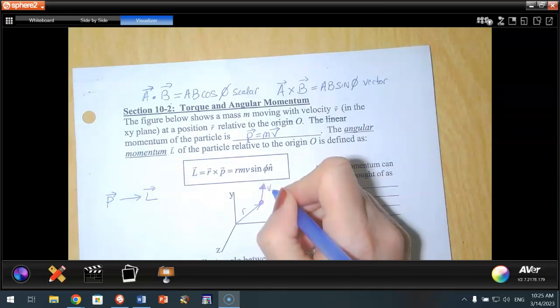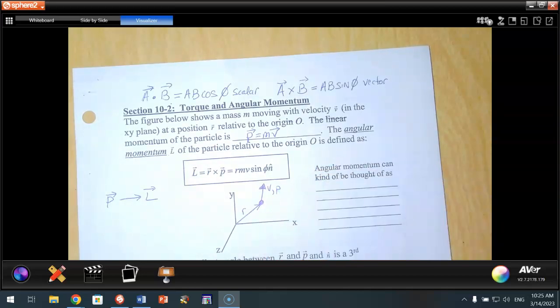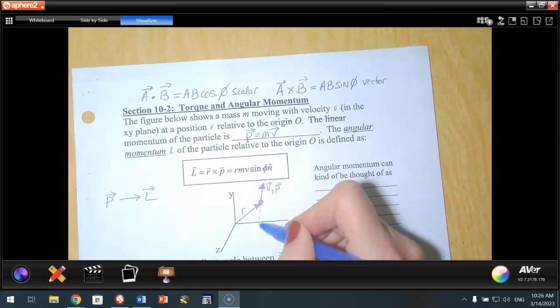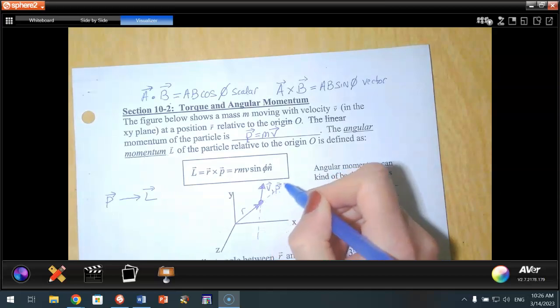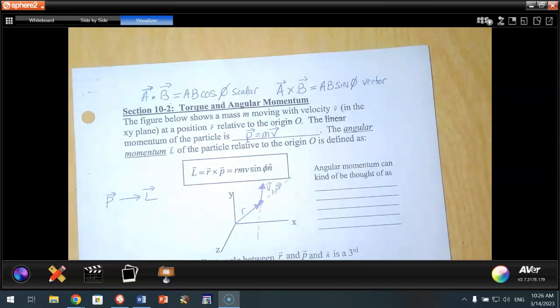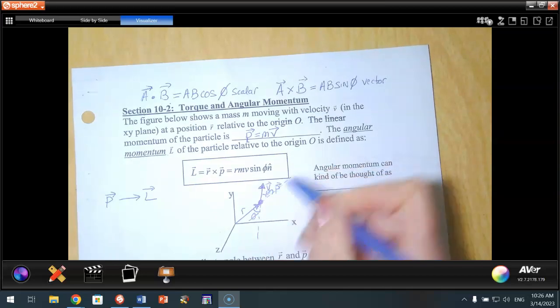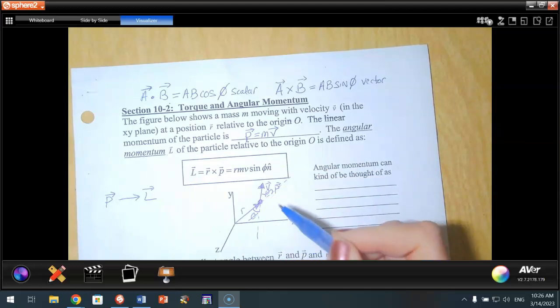If its velocity is given by that direction, then its momentum would be in that direction as well, because momentum is just mass times velocity, and mass can't change the direction. Well, if you extend out the radius and extend out the momentum vector, the angle that the formula references is the smallest angle between those two lines. It could be this angle or this angle by vertical angles.